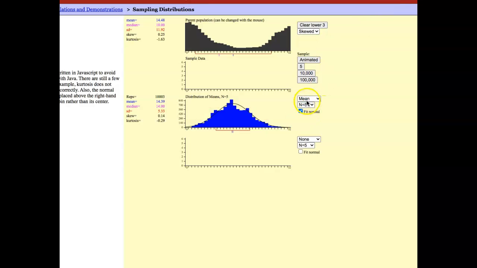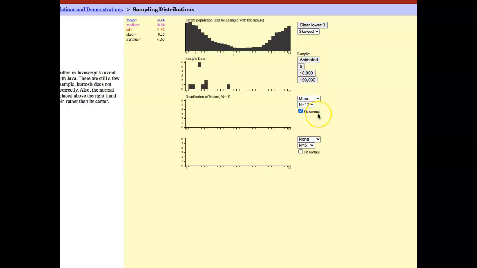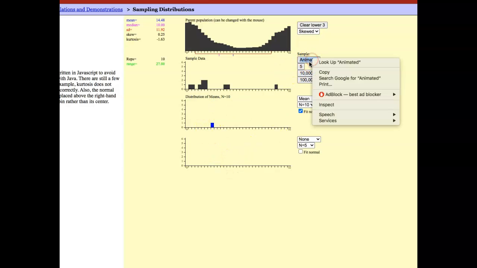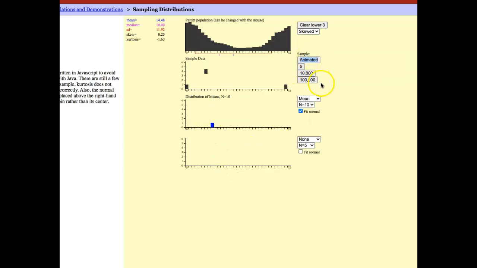All right, so now let's change it to sample size 10. So now I'm taking a sample of 10, take their average. There it is. Do it one more time. 1, 2, 3, 4, 5, 6, 7, 8, 9, 10. Take their average. Let's do that 10,000 times. Okay, now we're pretty much normal, right?